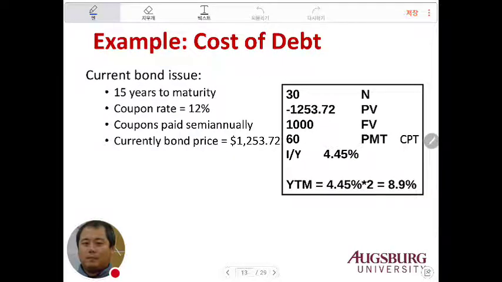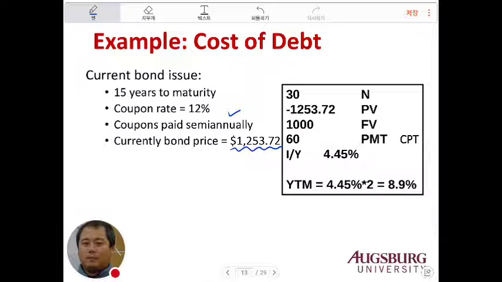So example is the current bond issue is 15 years to maturity, coupon rate is 12% and coupon paid semi-annually, and the current bond price is $1,253.72.